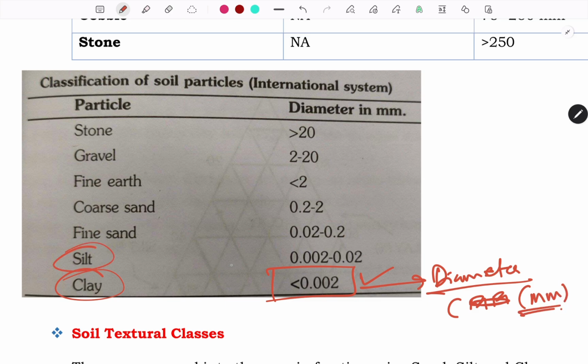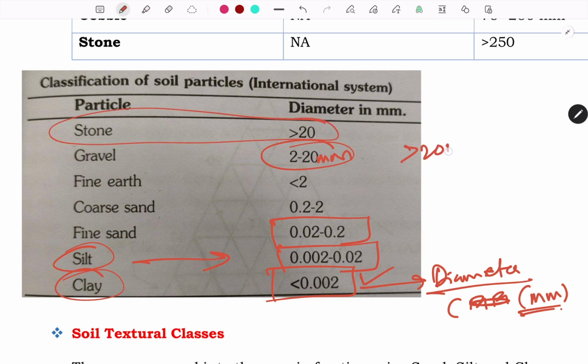The silt having size between 0.002 to 0.02. The fine sand having size between 0.02 to 0.2. The gravel having size between 2 to 20 mm, and the stone having size more than 20 mm.